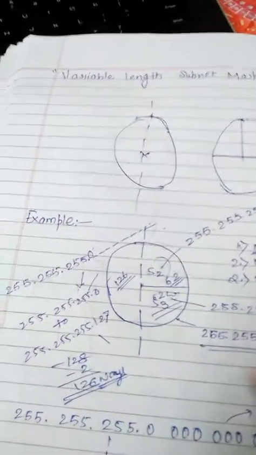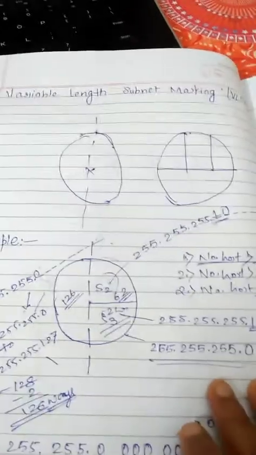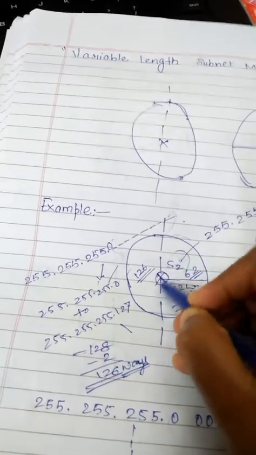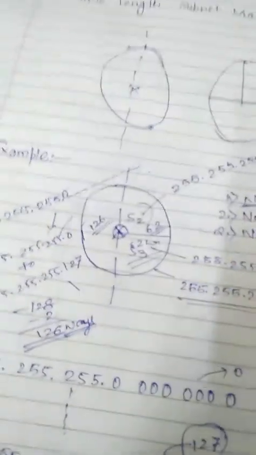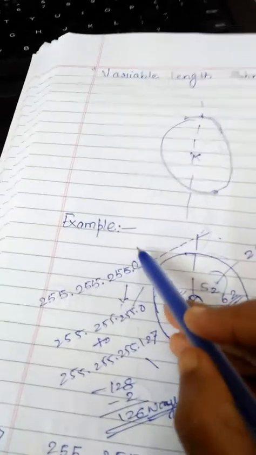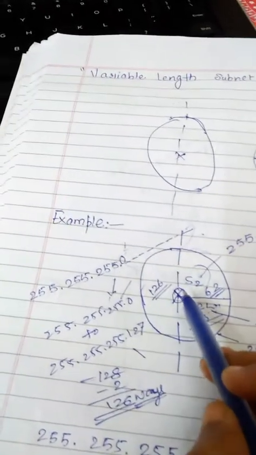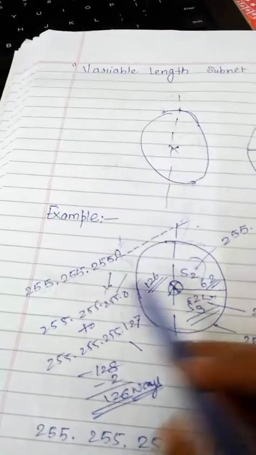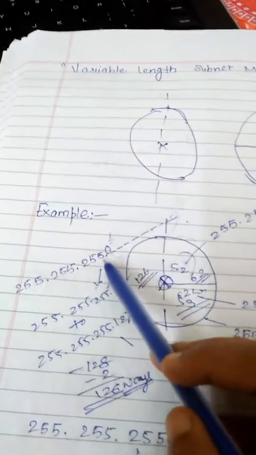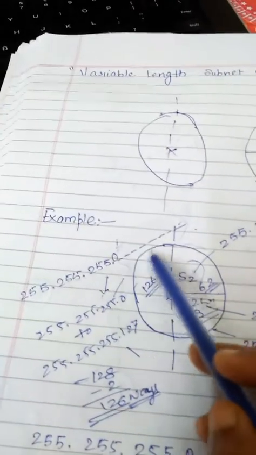So this is all about variable length subnet masking. You can find the different subnet masks for each router or network at this point, by counting the number of digits that have been fixed. Like for this one it is 1, so the subnet mask for this network will be 255.255.255.128.